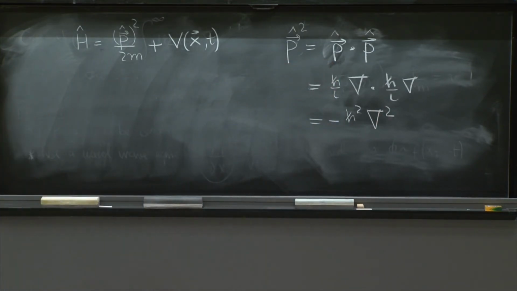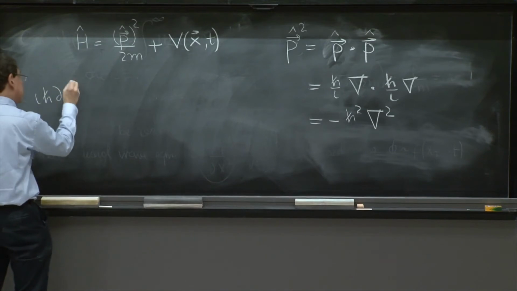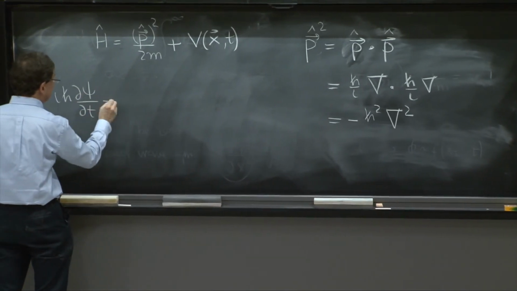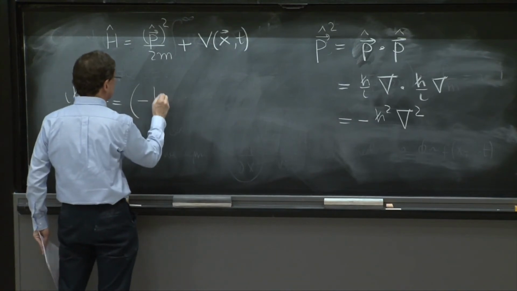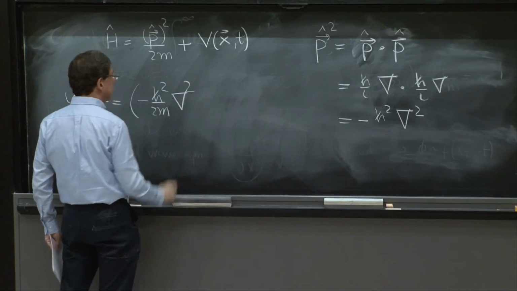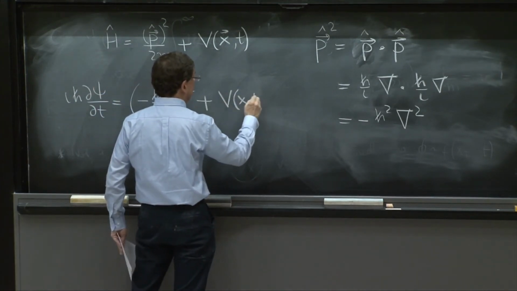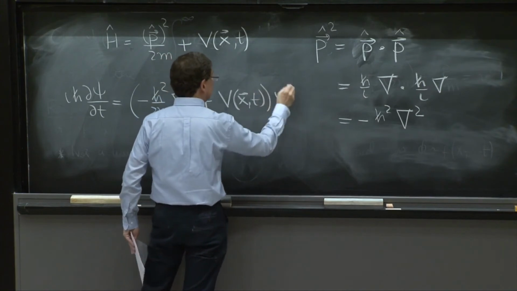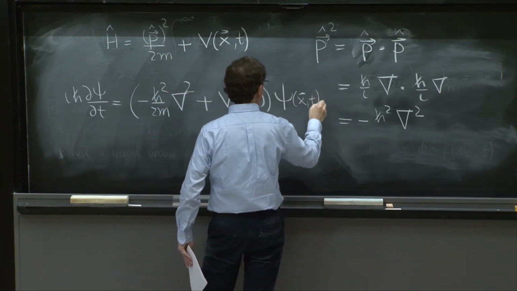So your Schrodinger equation will be i h bar d psi dt is equal to the whole Hamiltonian, which will be minus h bar squared over 2m Laplacian, plus V of x and t, multiplying psi of x vector and t.